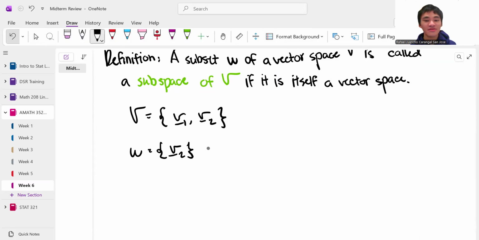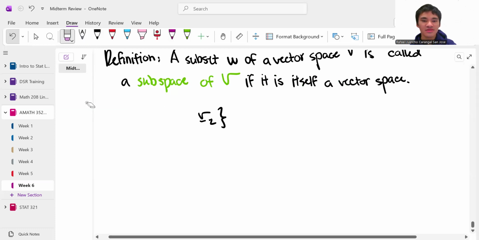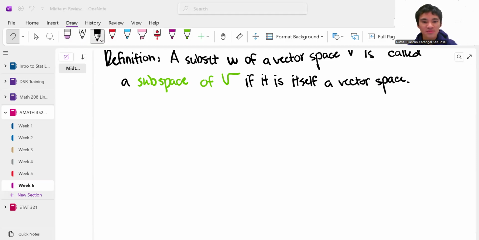And this is still a vector space, right? It's just a subspace of V. I think there was a way to write it like that. I'm not sure. I forgot how to write it in mathematical notation. I'll learn it along the way. Doesn't matter. So when we say that it is a vector space, then it has to be two things.